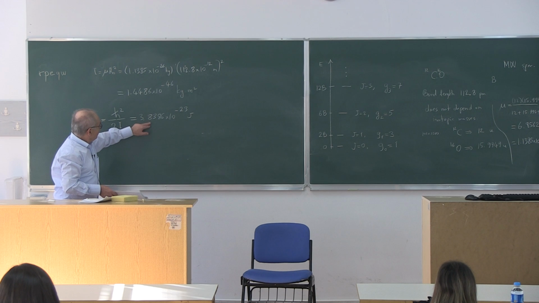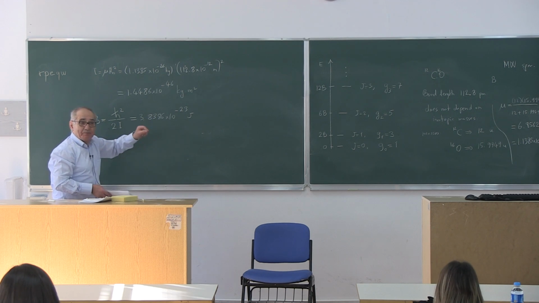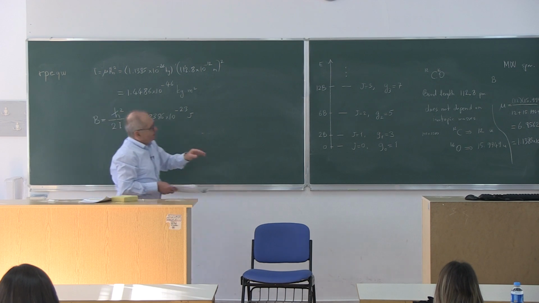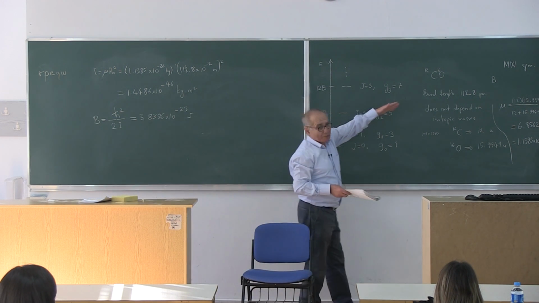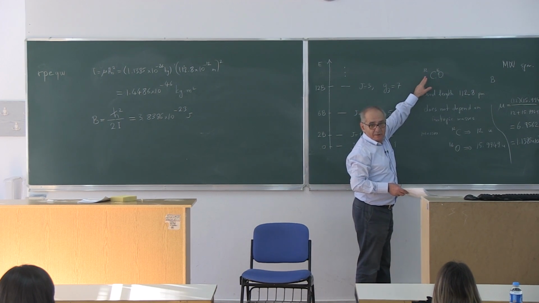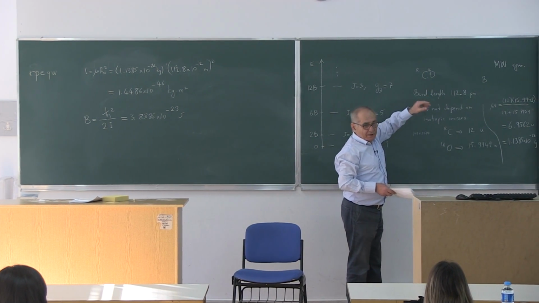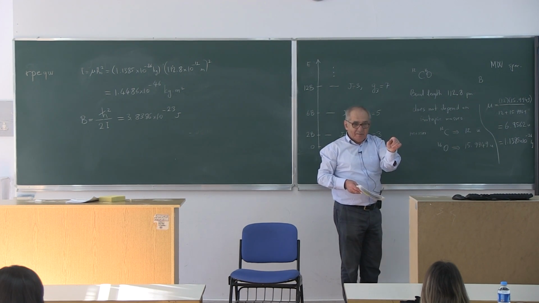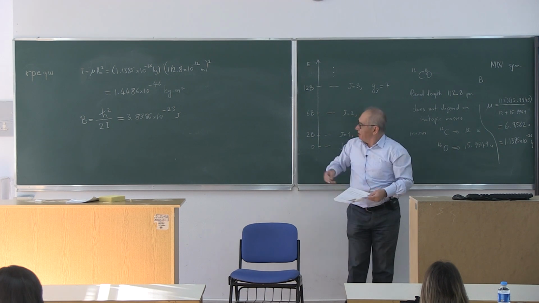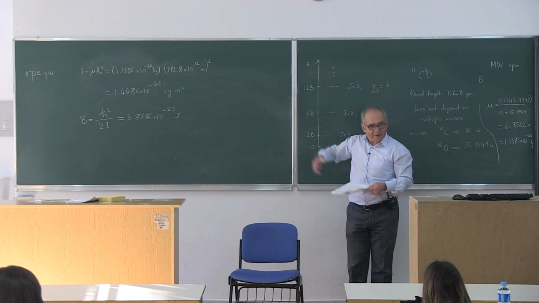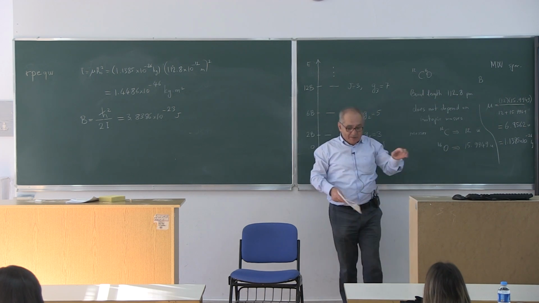Now, this number will change, even though slightly, if you use a different isotope, say carbon-14 here. The bond length is the same, but because the reduced mass is slightly different, the numerical value of B is going to be different from this one.